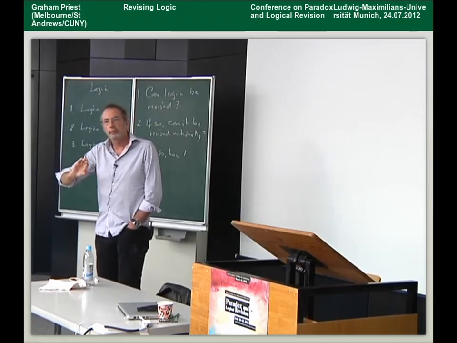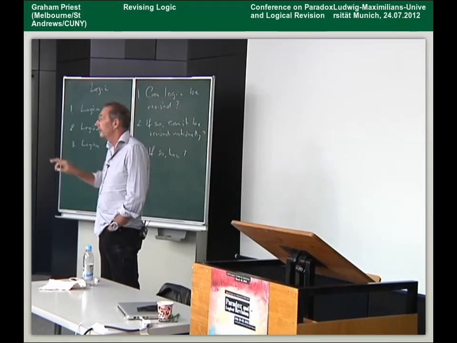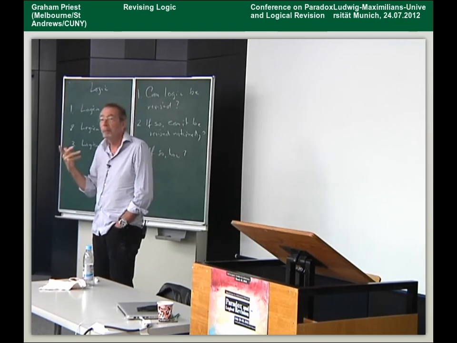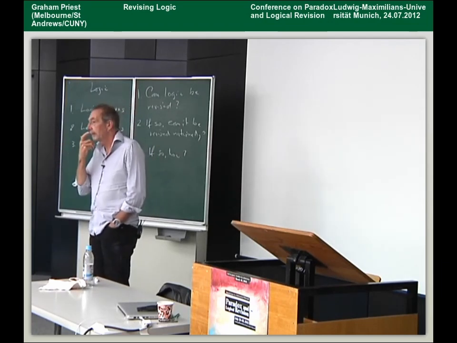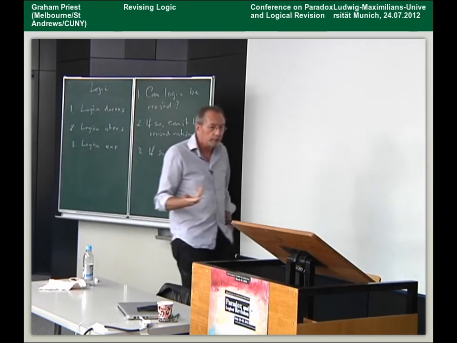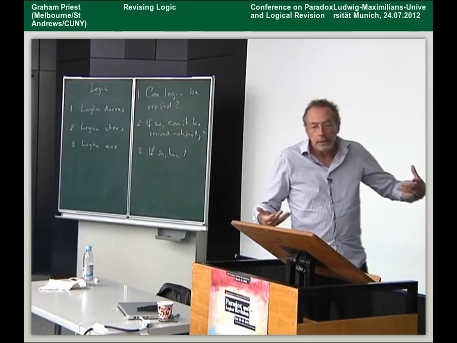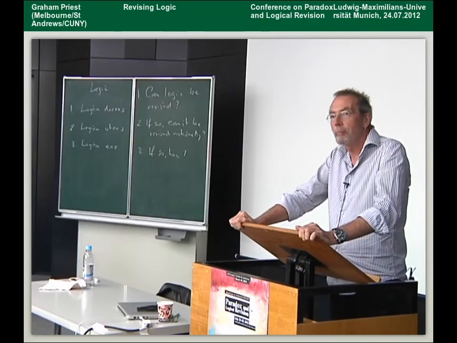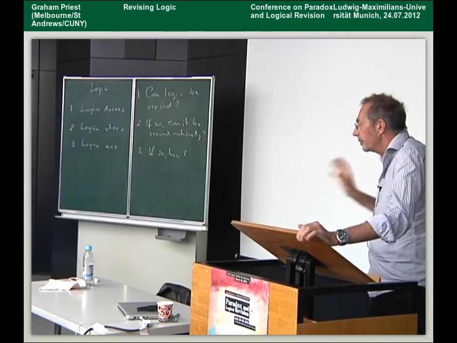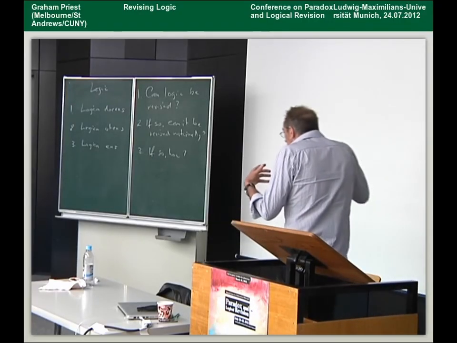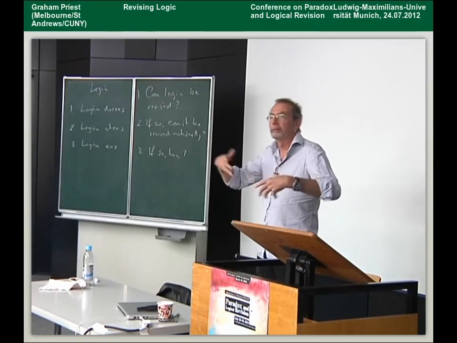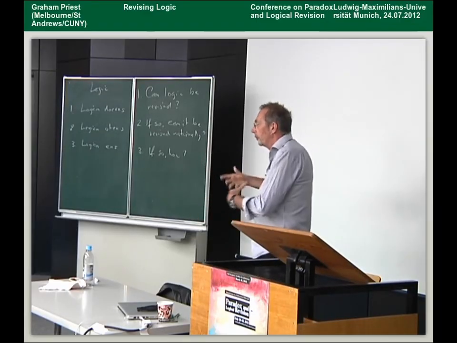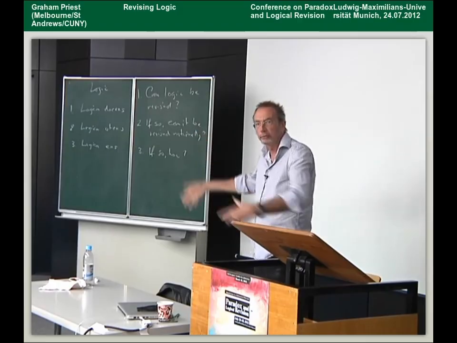There's a model theoretic approach and a proof theoretic approach. Of course there are others, but many logicians subscribe to one or other of these. In a model theoretic approach, you define truth in a model, and then you define validity as truth preservation over all models. In a proof theoretic approach, you define the inferential rules which govern the various connectives, and then a valid inference is one which you can get by chaining together these rules.